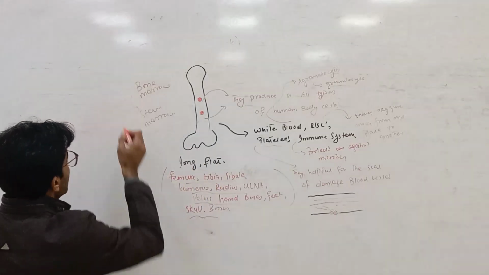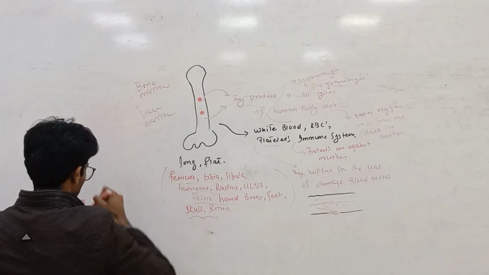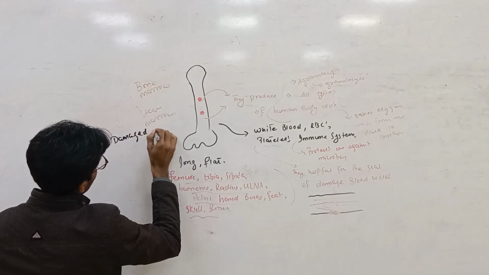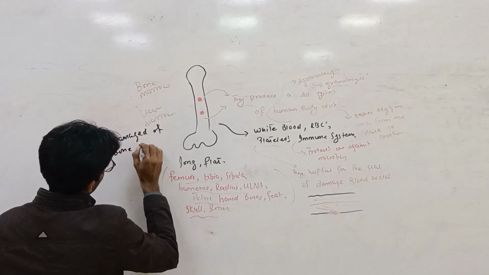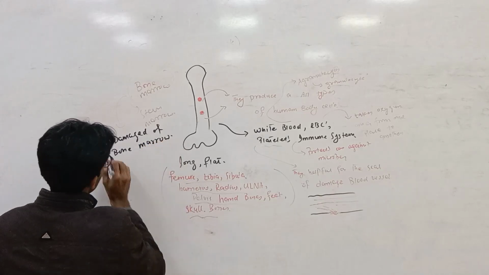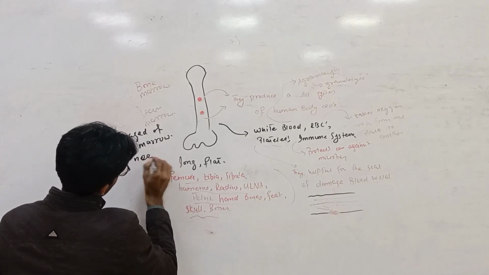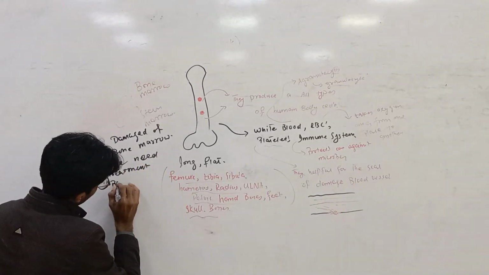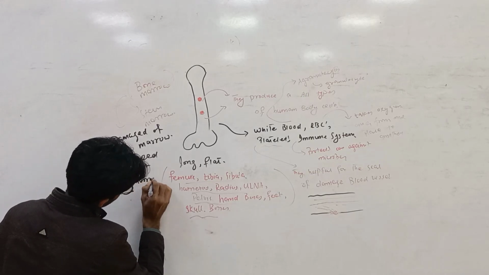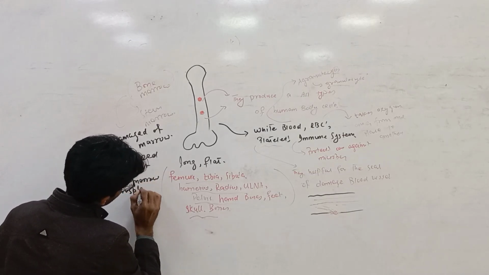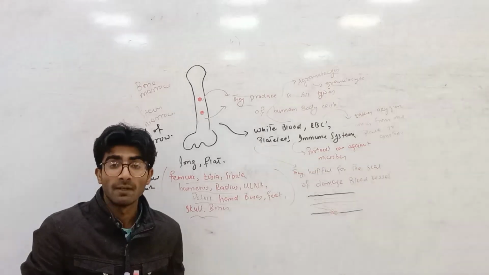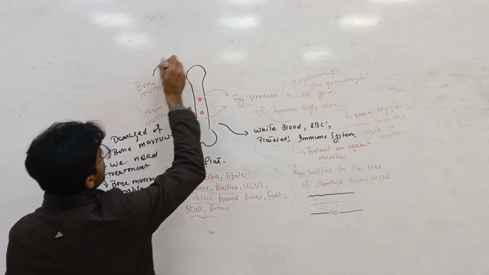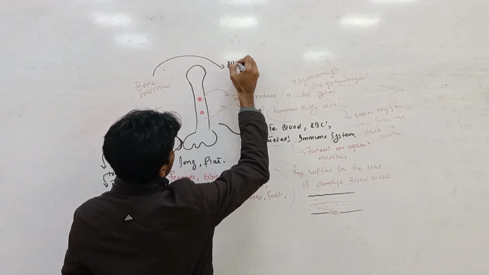What do we do if the bone marrow structure is damaged? We need treatment, a bone marrow transplant, or we use another way of treatment, which is known as allogenic transplant.